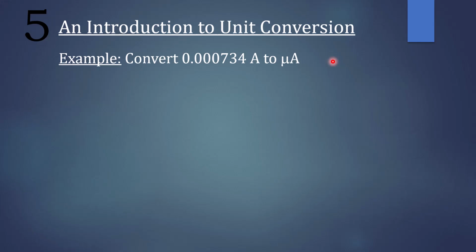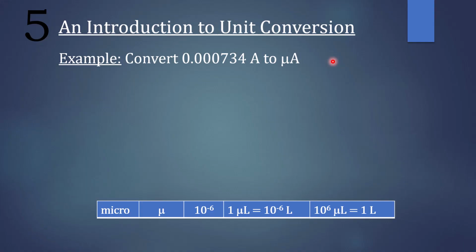In terms of us making that conversion to microamps, all I'm doing is just changing the prefix. So really, I don't even have to know what the unit of amp represents. I just have to make sure I make the correct prefix change, and use the correct factor. So again, I'm going to go to that table. I'm going to pull the row that involved micro, and here are my relations, right?